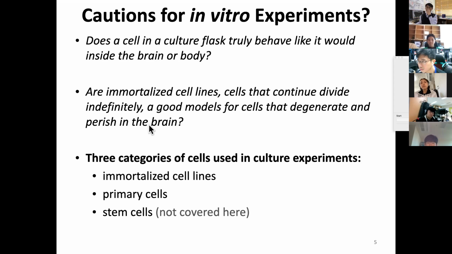A good example is not even in neuroscience, but in cancer study. There are tens, dozens, or hundreds of cancer cell lines. For example, for breast cancer there are dozens of cell lines, but we can't do everything.